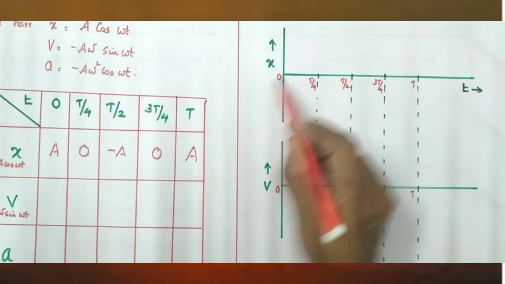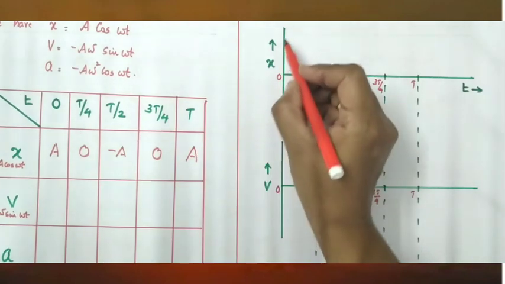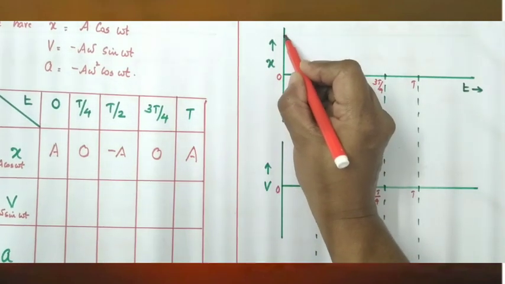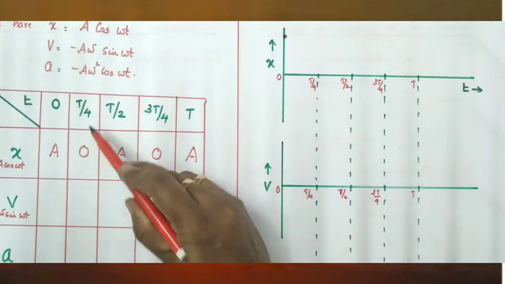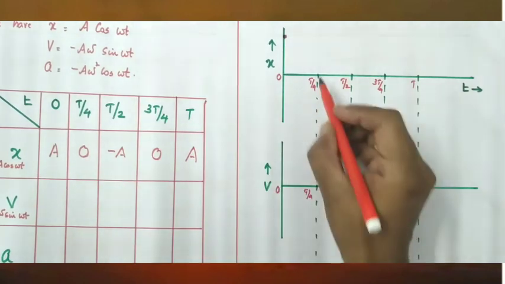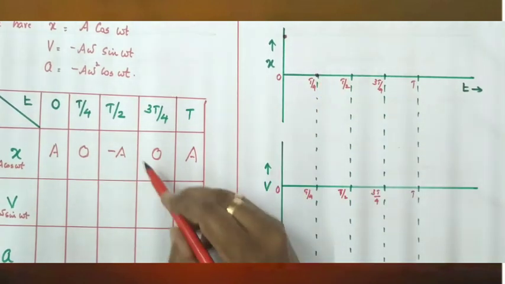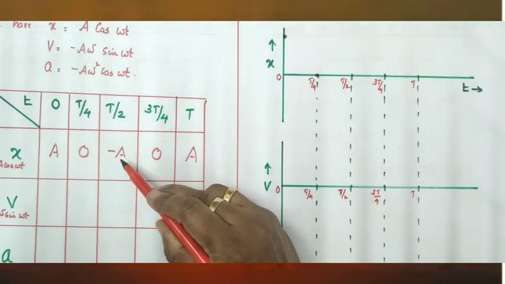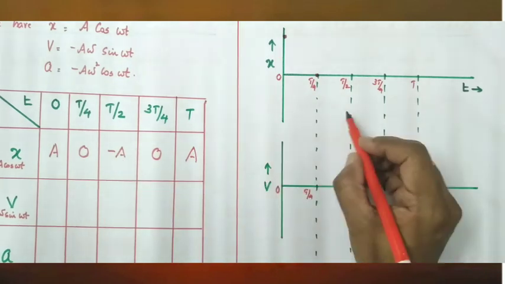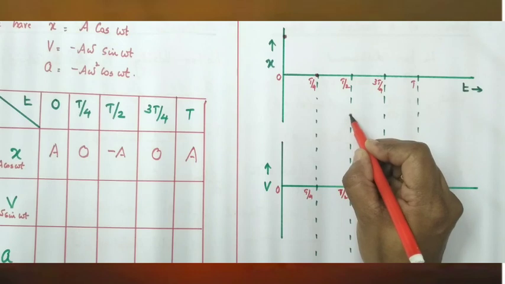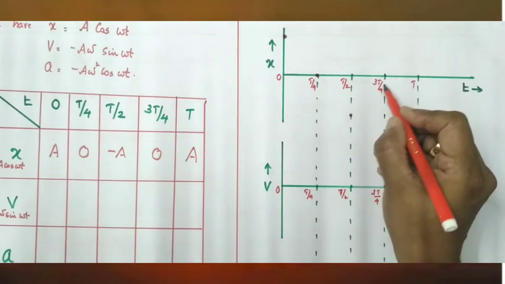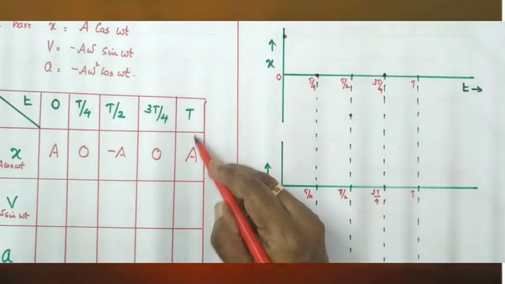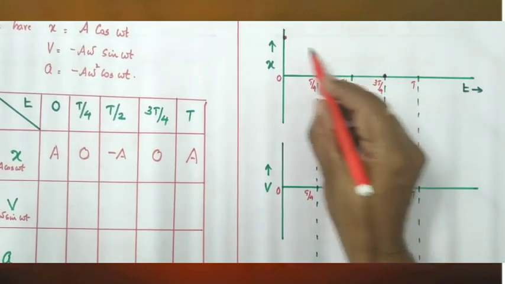Initially, at t equal to 0, the displacement is maximum, A; let this point be A. At T by 4 the displacement is 0, here is the point. At time T by 2, displacement is minus A, here. Then at 3T by 4 it again becomes 0, then at time T it again becomes maximum.